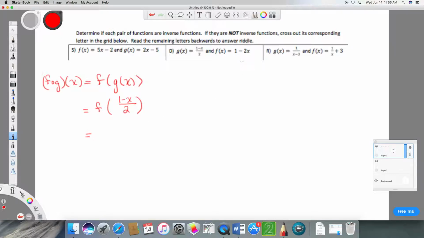F always creates a subtraction problem where the first term is always 1 and the second term is minus 2 times the input. And here, the input is this ratio. So the 2's here cancel, and we have 1 minus 1 plus x, and this does equal x. So it's very likely that these are going to be inverses. We do have to check the other composition to make sure.